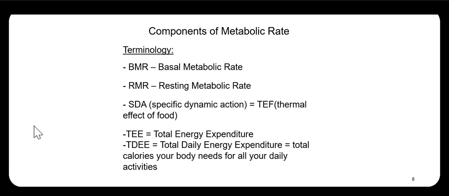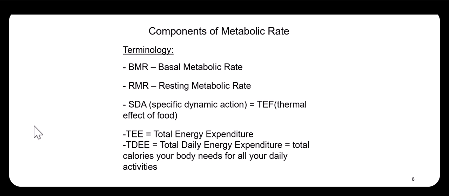So let's do some terminology. We're going to talk about basal metabolic rate and resting metabolic rate. For our purposes, we are going to call them synonymous. And they're not, but very rarely would you get a question that would offer both, but it's a higher possibility of getting a question that gives you one as an option when it should give you the other.